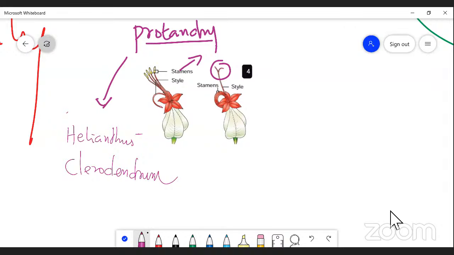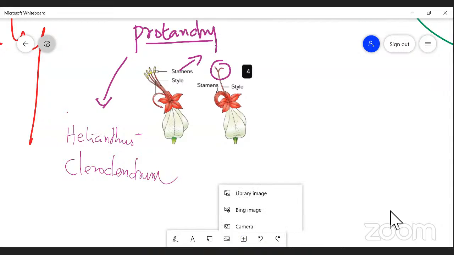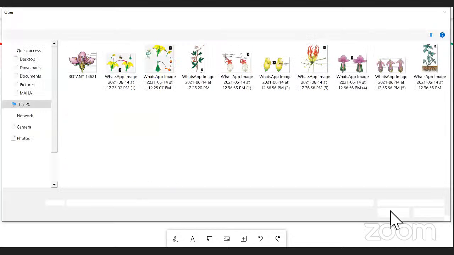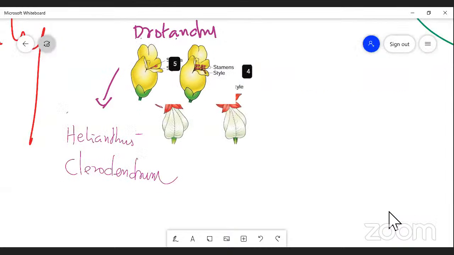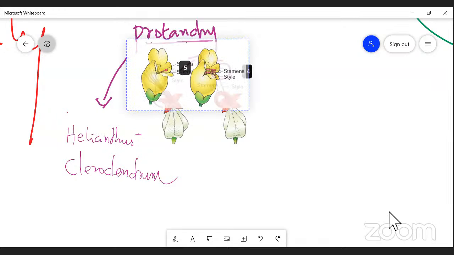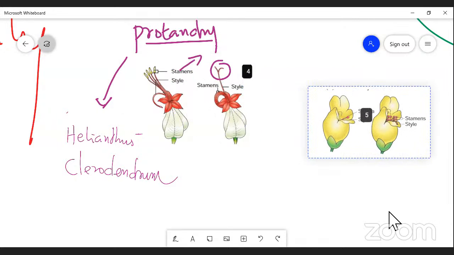Then protogyny. Protogyny means the development of the gynoecium very early and the formation of the androecium very late. This is the structure you can see; I'm talking about the types of dichogamy.